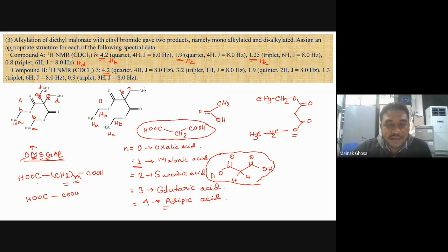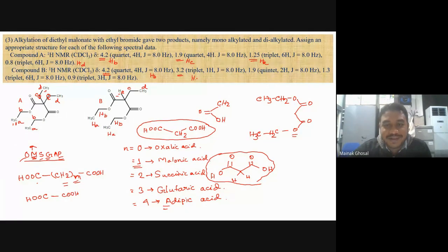So this is C, this is B, and this is E. This hydrogen is E. Now 4.2 you have mentioned that it will be HB. What will this be? 3.2 triplet 1 hydrogen. E.